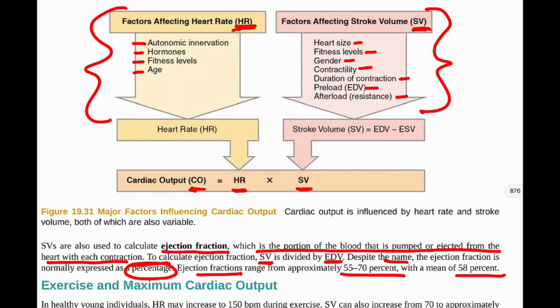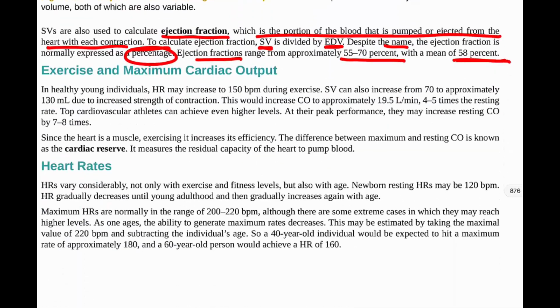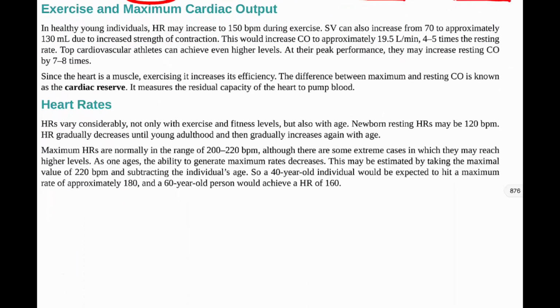So the ejection fraction is the percent of blood that was forced out of the ventricles compared to the whole, which was the EDV. So we eject, in general, 55 to 70% of our blood with each contraction, an average of 58%. Make sure you know the differences between all of those different terms, what they mean, and also be able to do that calculation.